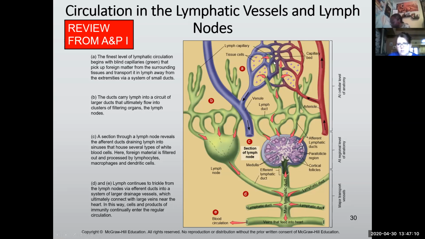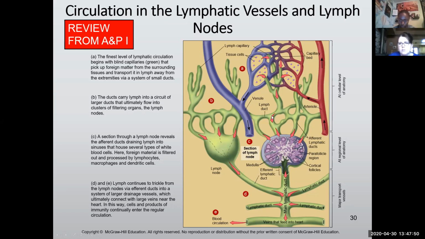Once it's in the lymphatic capillary, we call it lymph, L-Y-M-P-H. That's the name of the fluid. It's very similar to blood plasma, although don't confuse the two. Blood plasma is not in the lymphatic system, and there's no lymph in blood. This lymph is picked up by the lymphatic capillaries, which are typically near blood capillary beds. Here's the capillary bed of blood, the purple zone where we transition from blue to red. Blue is the vein, red is the arteries.